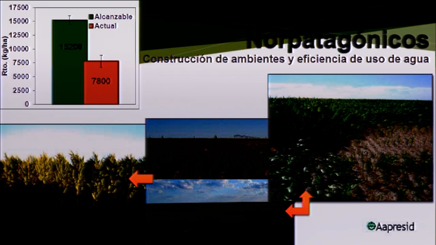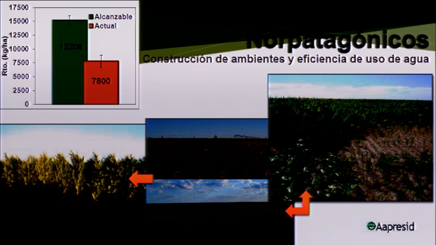Farmers' main concern is building the environments and water efficiency, because water is a restriction there. In this area, radiation, sunlight, and temperatures are okay, and water is available in quantity and quality from the Negro River, but we have alluvial use problems.